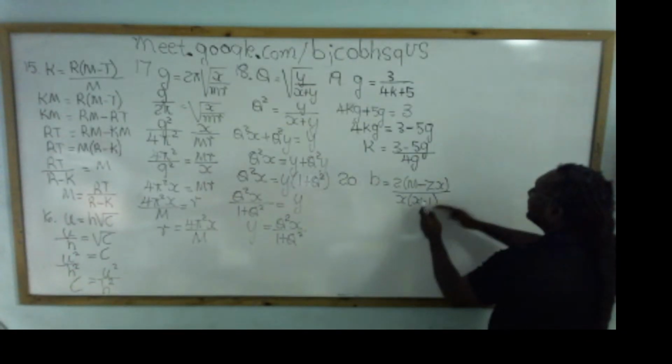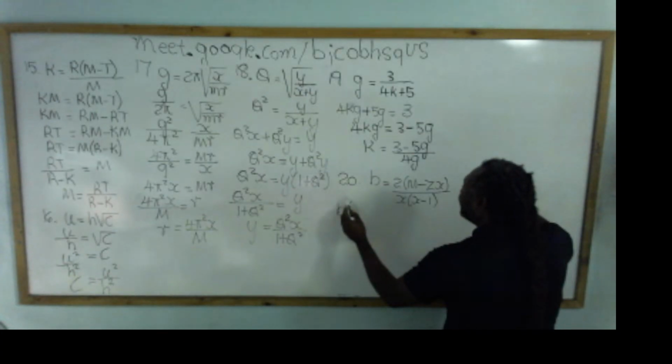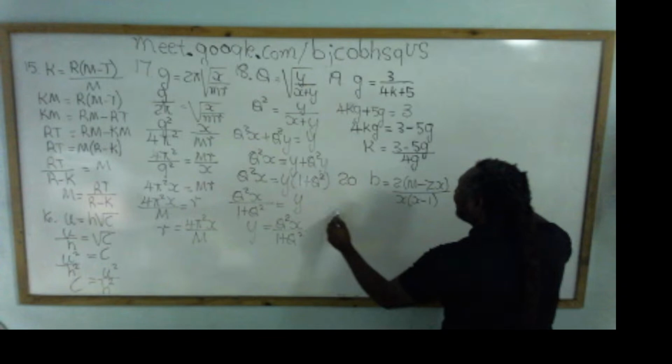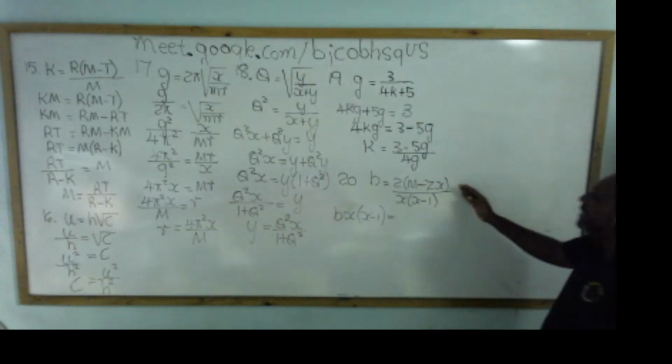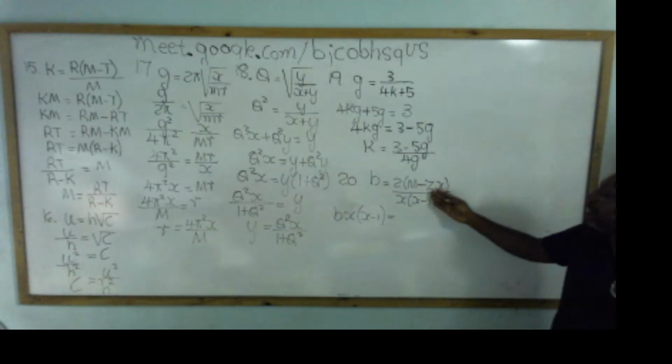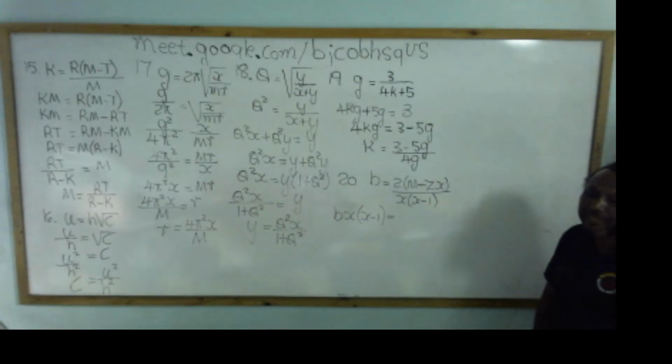So we'll have b times x, bx, open bracket, x minus 1. Students, the proposed subject is enclosed in these brackets. You know that you will have to expand. Don't do it in the next step. Do it in this very same step.